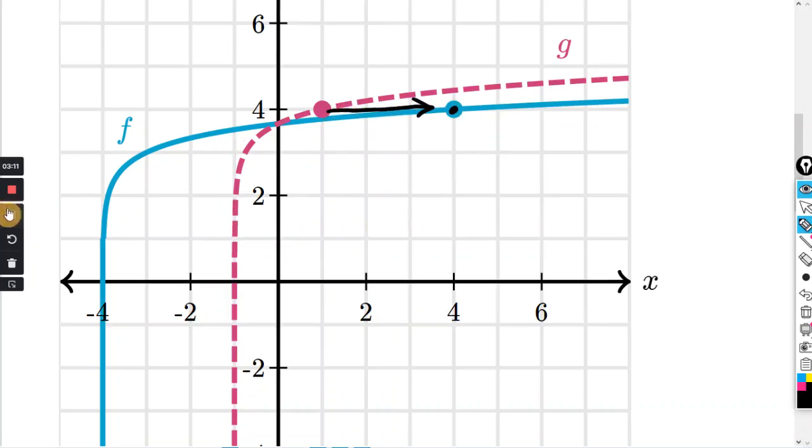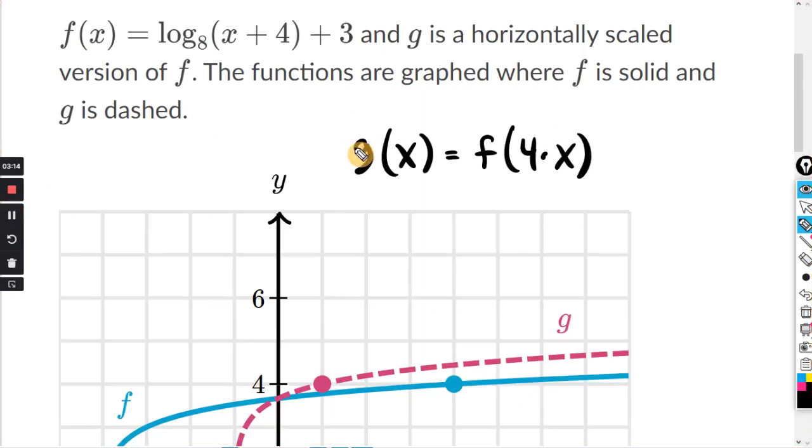We can clearly see that. We said g of x equals f of 4x, or 4 times x. So in order to get the g function, we have to take the f function and just multiply the x times 4. This is the only x right here. We just multiply that times 4.